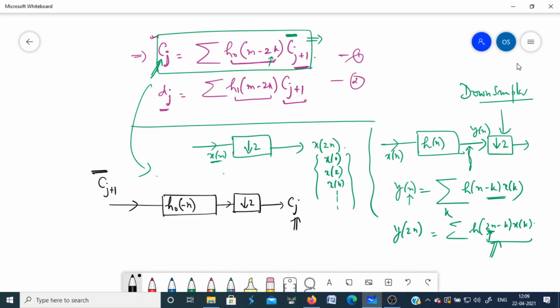And similarly, this dj, if you pass this signal through another filter, which is a wavelet filter now, h1 of minus n, and again decimate by a factor of 2, you will get the detailed coefficient at scale j. Okay, so we have omitted the wavelet and the scaling functions in this case. So we have a direct relation between the expansion coefficients and these filters.